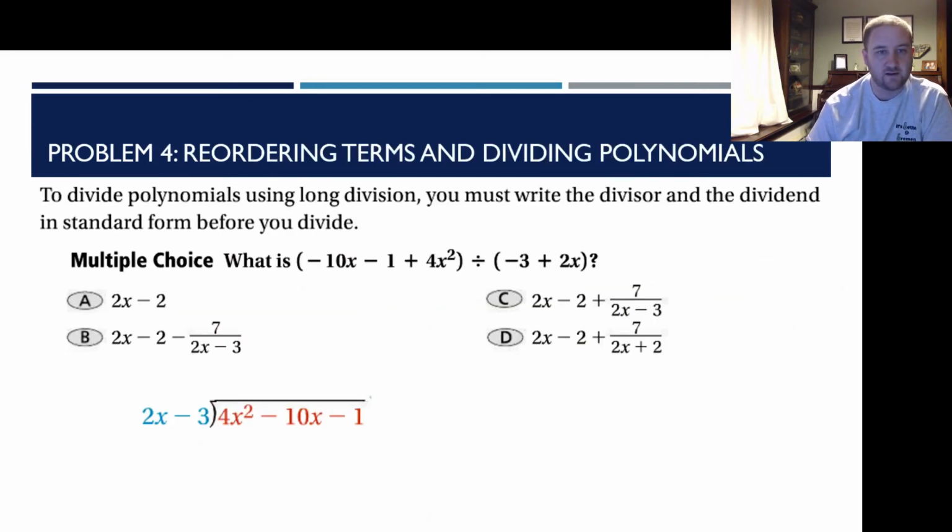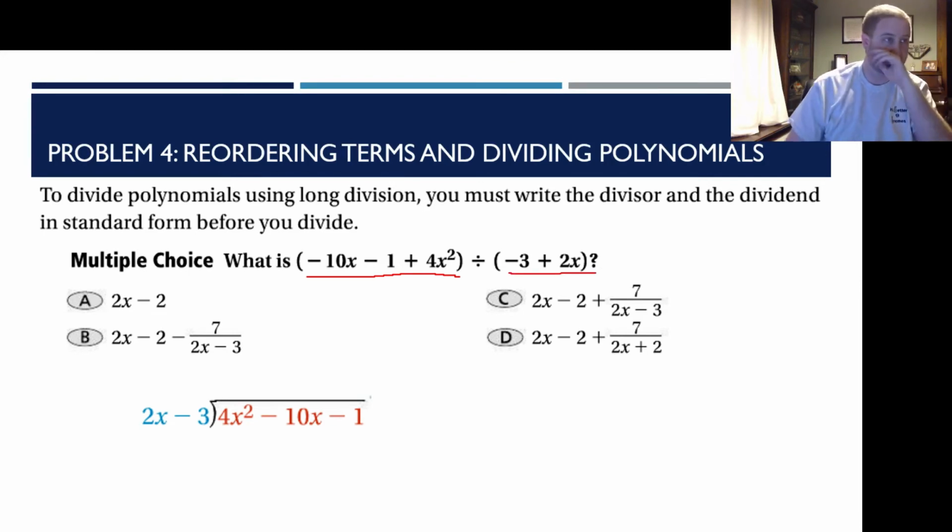All right, last problem. Reordering terms and dividing polynomials. To divide polynomials using long division, you must write the divisor and the dividend in standard form before you divide. So this says, what is negative 10x minus 1 plus 4x squared divided by negative 3 plus 2x.